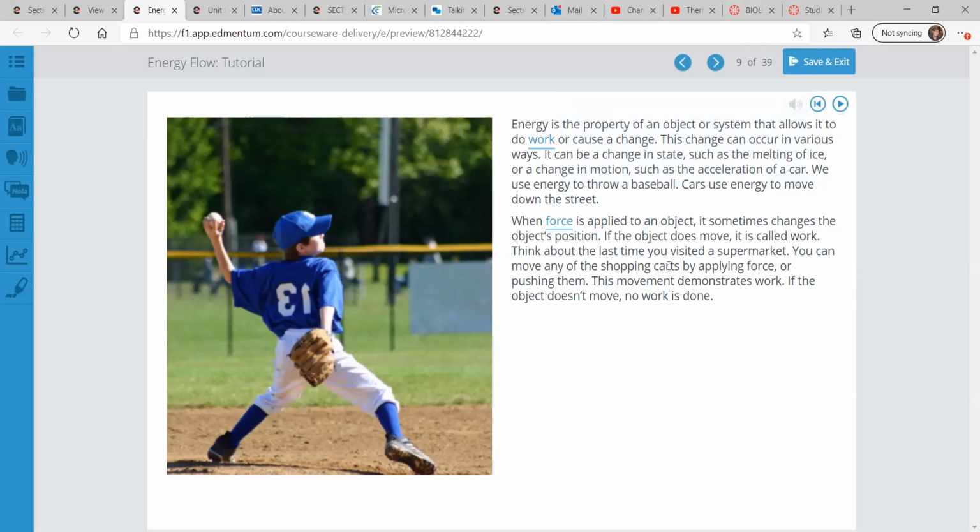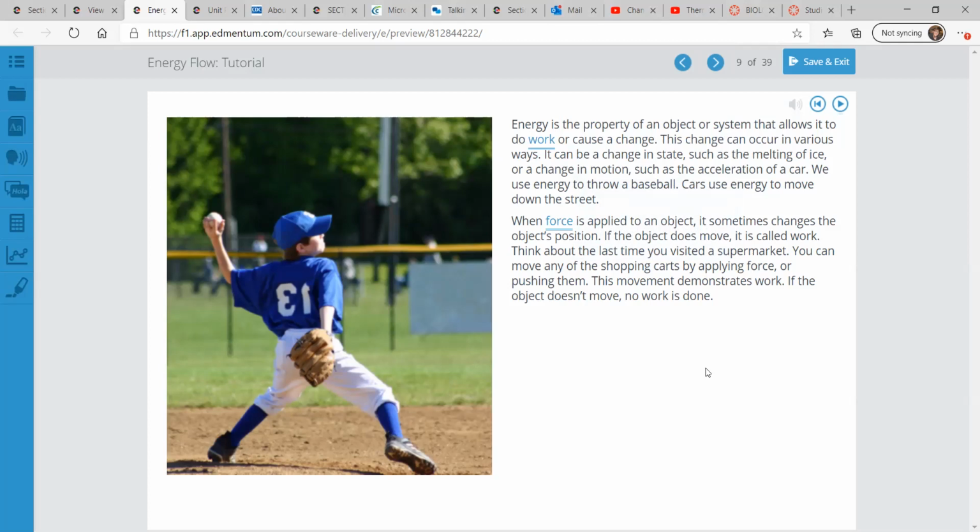When force is applied to an object, it sometimes changes the object's position. And remember, what force means is a push or pull on an object. If the object does move, it is called work. Think about the last time you visited a supermarket or the grocery store.